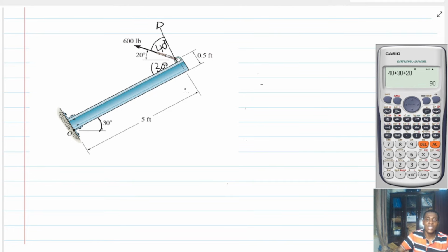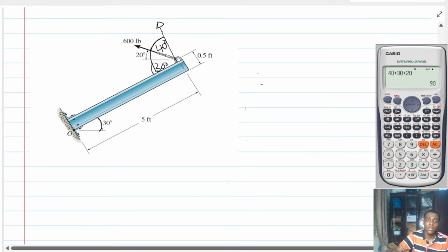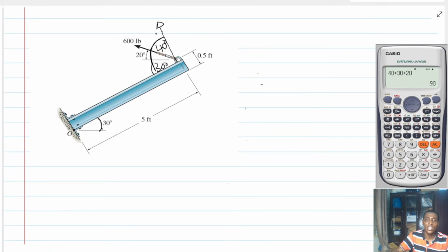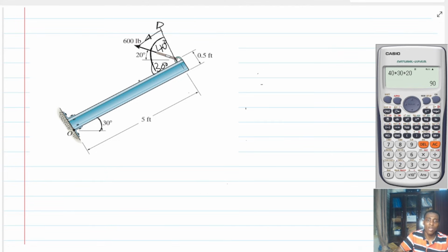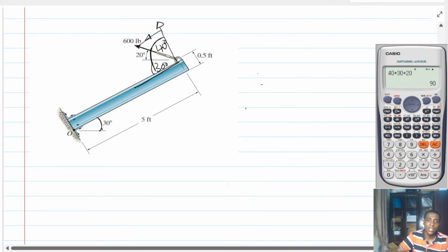If that is the case, then it means that this component here is what? Perpendicular. All right. How can I get the component here? So if I resolve this force in this direction, the components along this, so the component along the bar is here. Do you get it? And that is given by what?